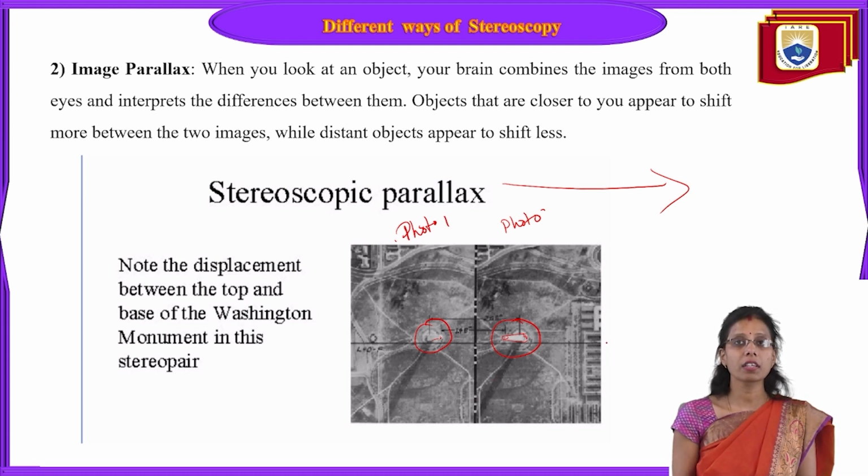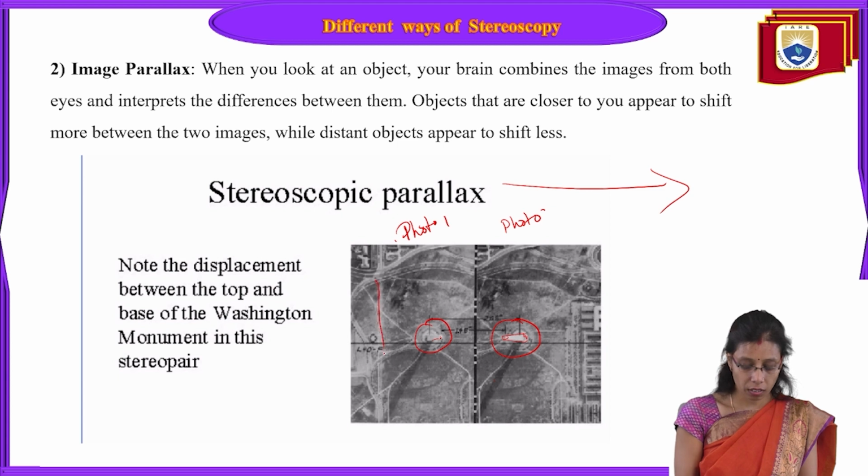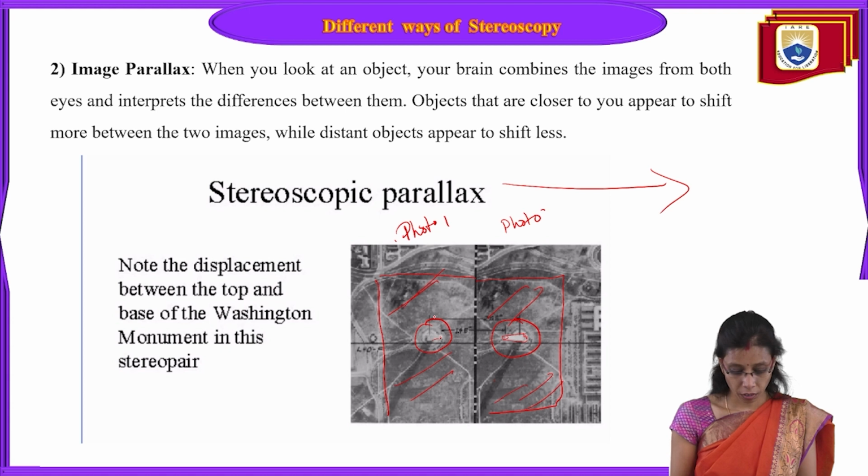So we can see the 3D view of all the objects with these two overlapping photos. Here this portion is common and this portion is common in the images. With the help of this common overlapping area, we are able to find the elevation.